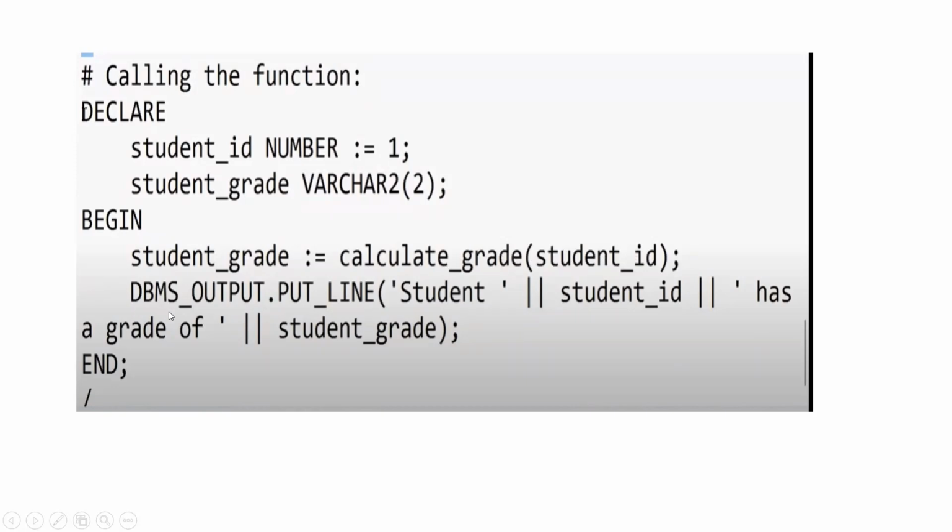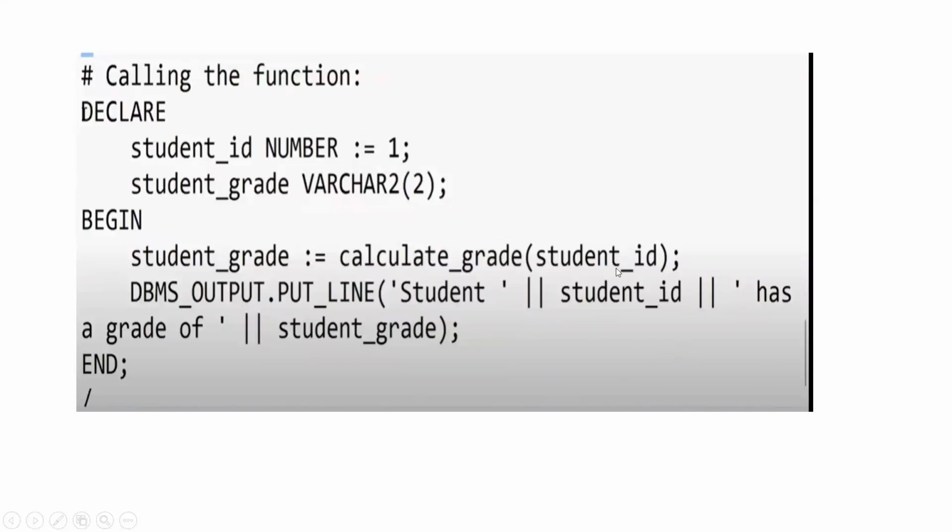So what are the things we are going to do here? DBMS_OUTPUT.PUT_LINE. We are concatenating these strings: Student, has a grade of, the student grade. Whatever value is calculated will be displayed here.